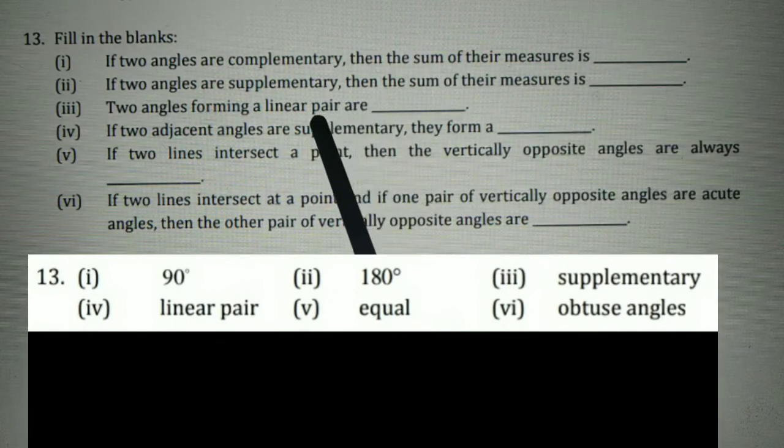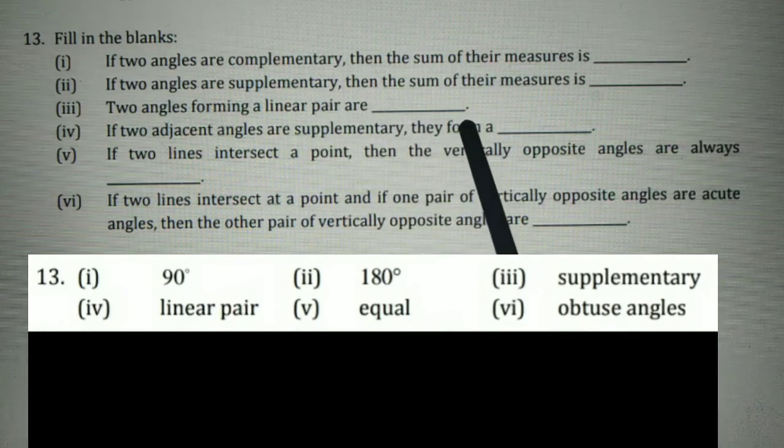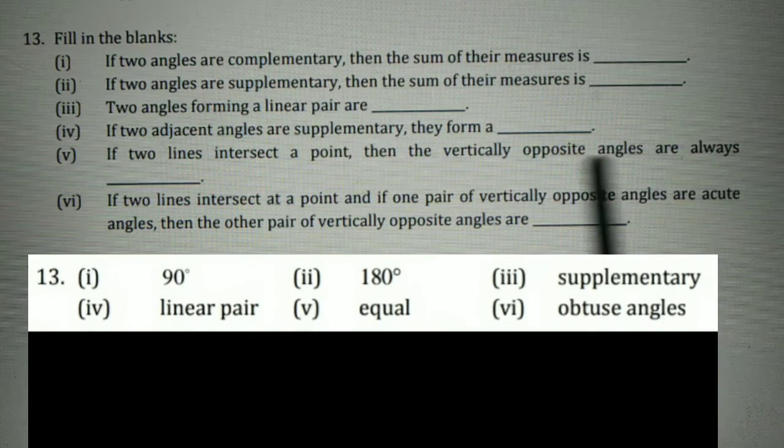Next, the angles forming a linear pair are supplementary. Next is, if two adjacent angles are supplementary, that is angles are adjacent as well as supplementary, what is the name of those angles? That is linear pair. Alright, you know all the properties now as we revised.